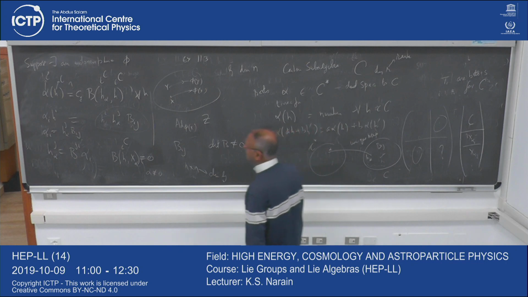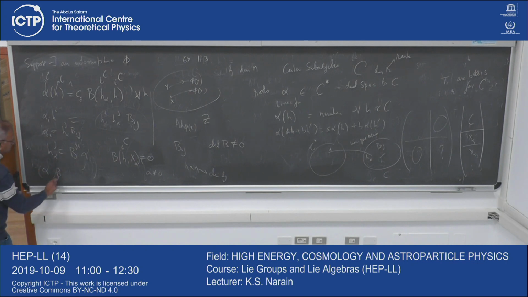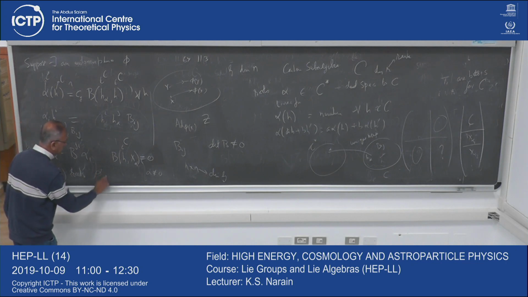Because I could just define the metric if I have alpha and beta, two roots. So there are two roots here. So roots alpha and beta are the roots. Then I can define an inner product of alpha with beta.